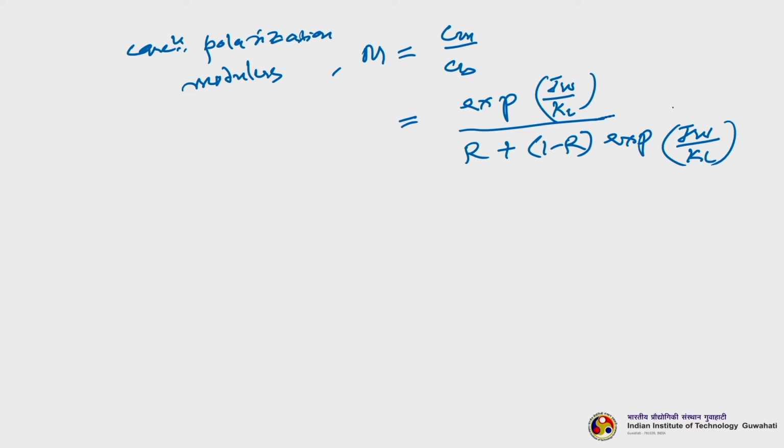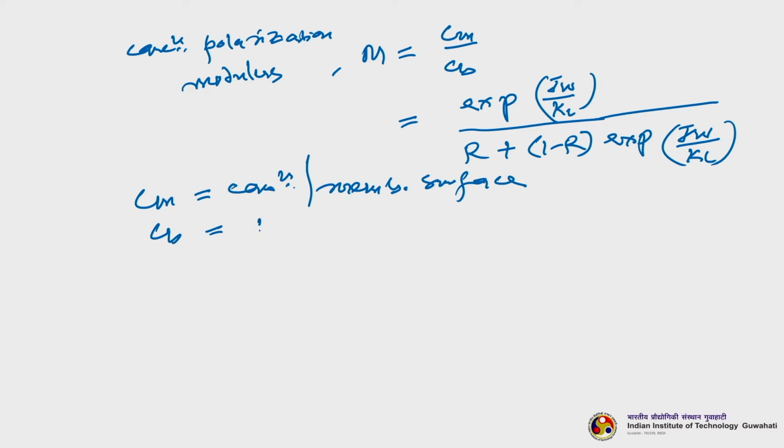So, this is your equation for concentration polarization modulus. Where Cm is concentration at membrane surface and Cb is bulk concentration.